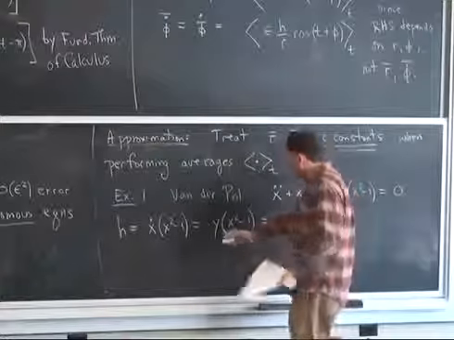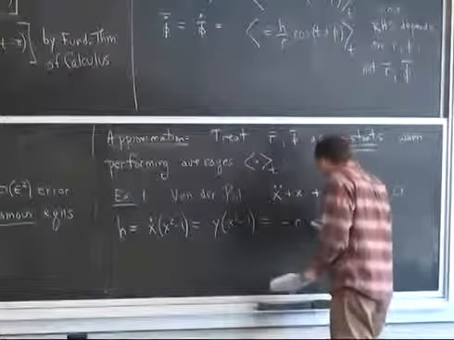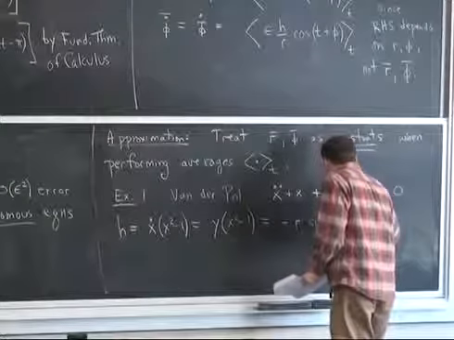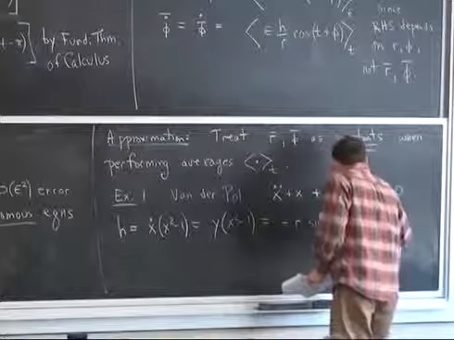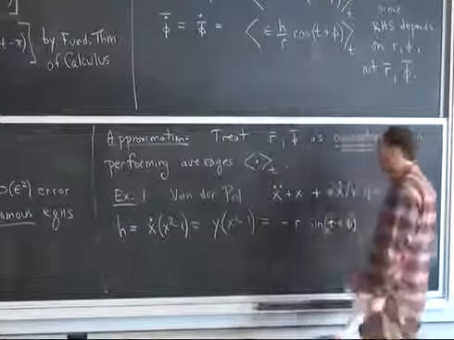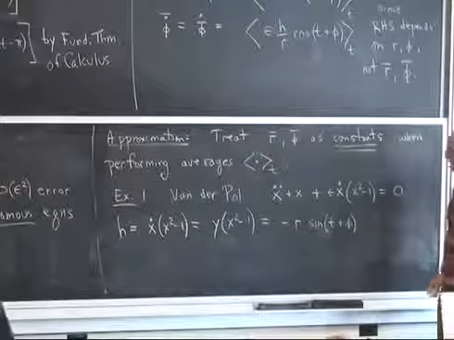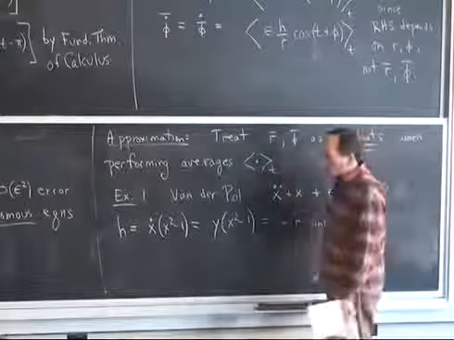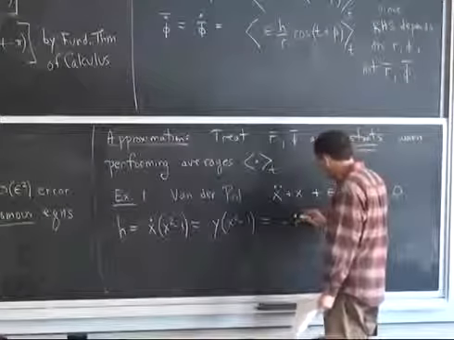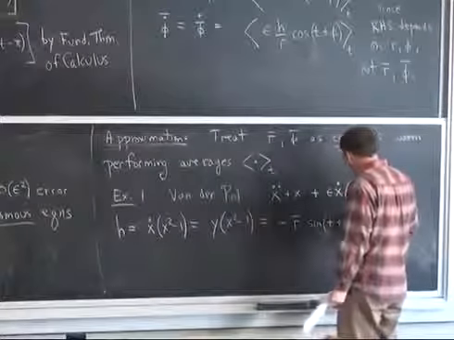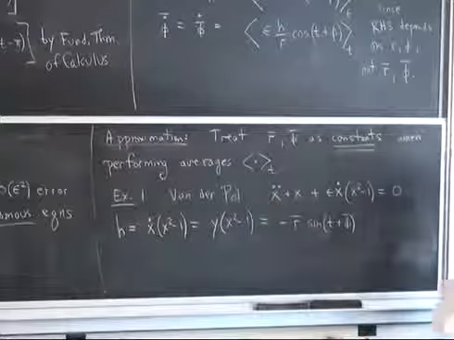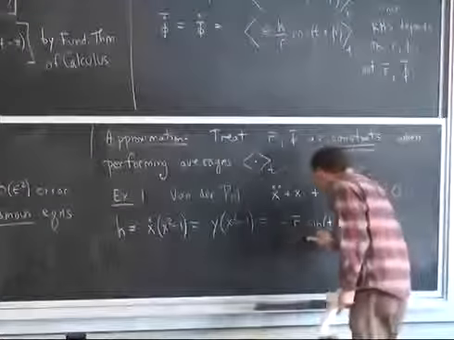Well, actually, y is supposed to be minus R sine(t plus phi). But because I want everything to be in terms of the barred quantities, and I said that R bar is effectively the same thing as R, I put a bar there, and I put a bar on the phi. So this term is y.